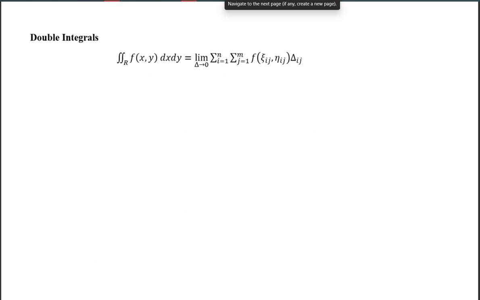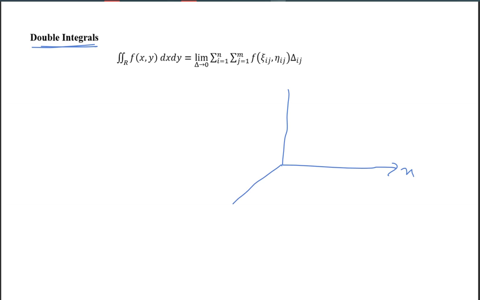Okay, now we'll start double integration. That was the line integral. Now the double integral. Suppose we have the x-axis over here, the y-axis here, and this is the z-axis.